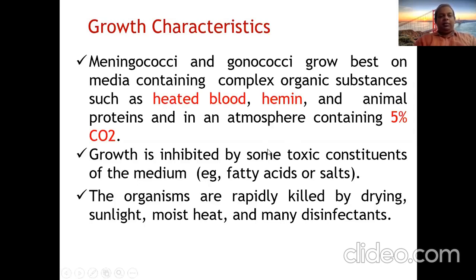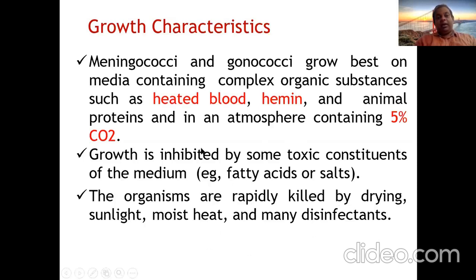Growth is inhibited by some toxic substances in the medium, fatty acids and salts. The organism is killed rapidly by drying, sunlight, moist heat, and many disinfectants. That is about the infection prevention part.